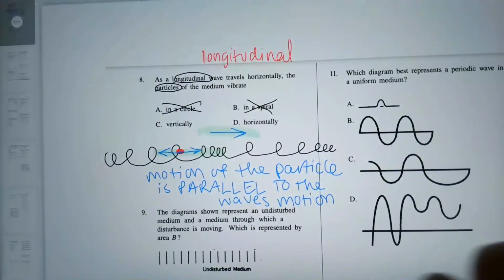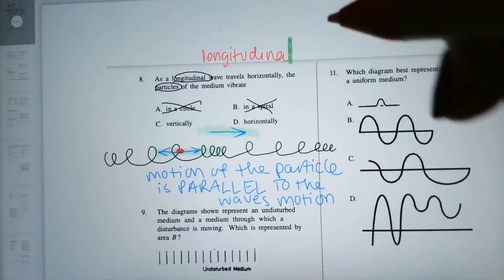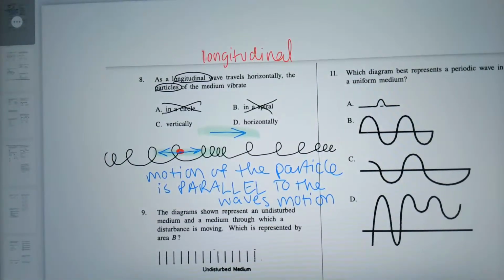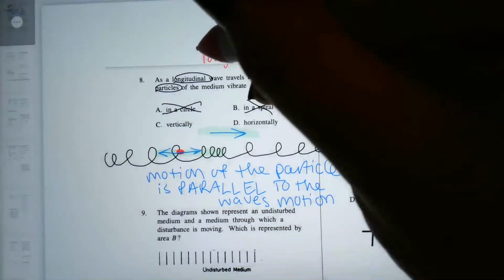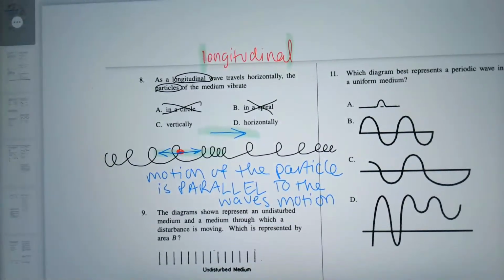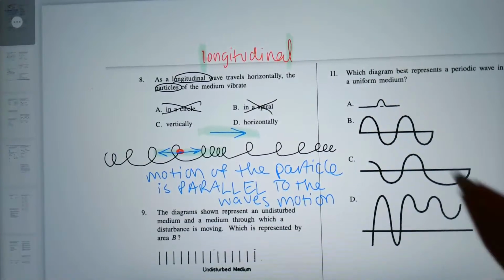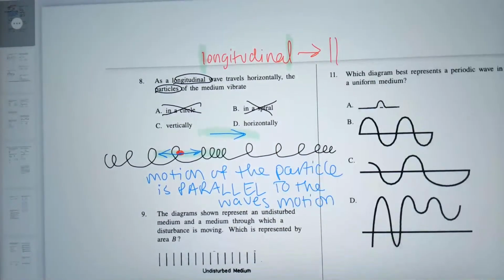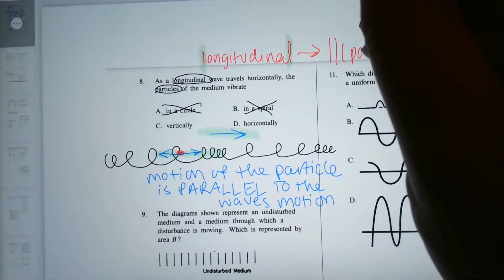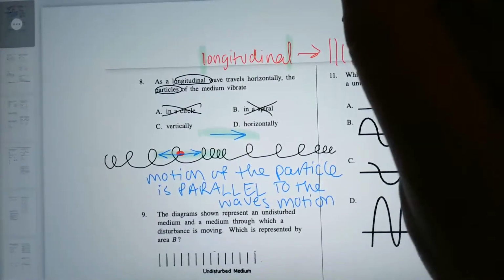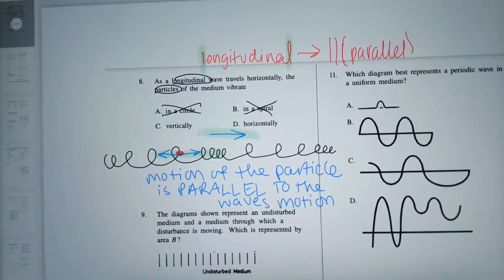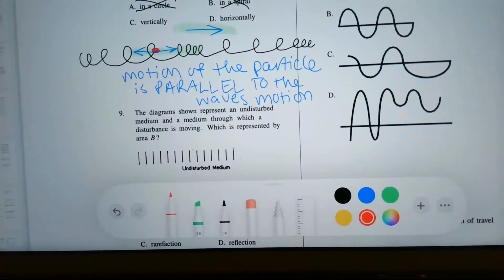I like to think that the L's right here and here, they look like parallel lines. So longitudinal, the particles would have to move parallel, and that's what this symbol means, parallel to the wave's propagation or motion, okay? So therefore it is horizontally.